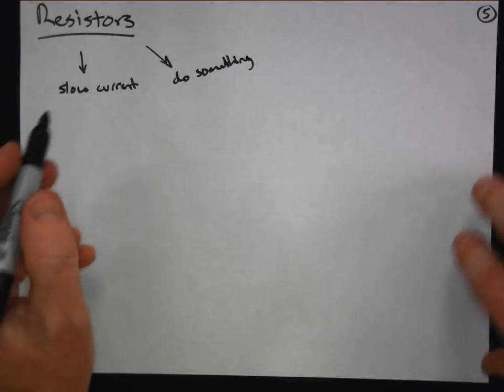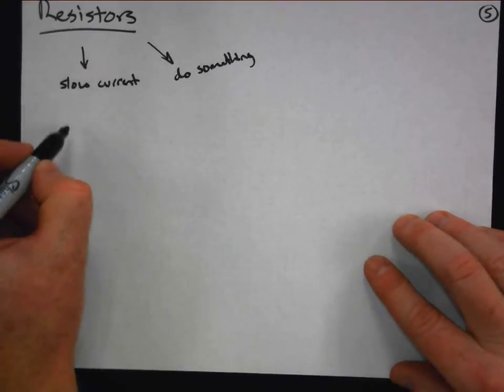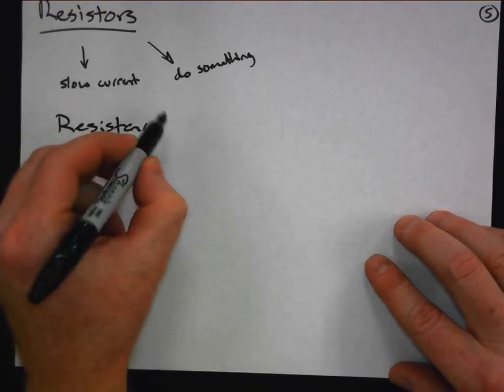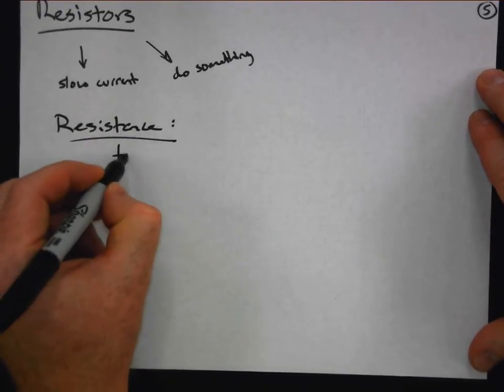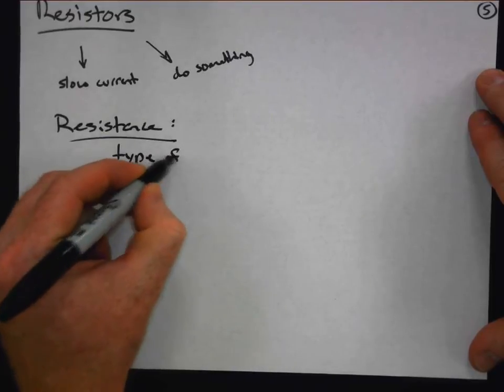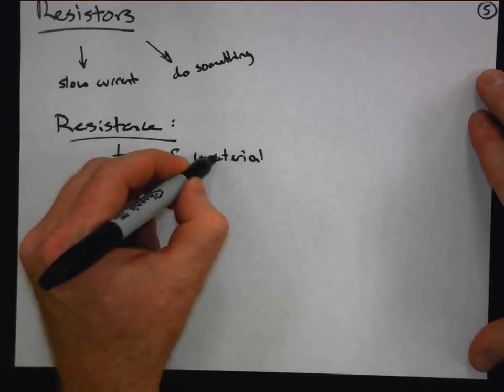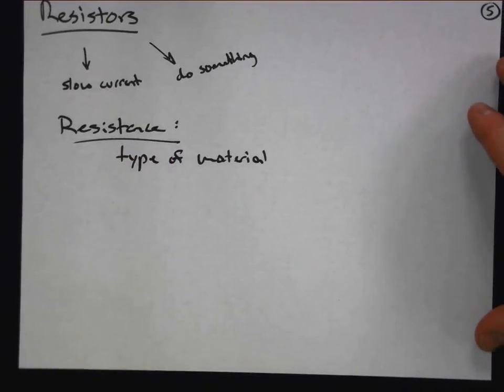Okay, now, what about resistance of a part of a circuit? Well, it kind of depends on several things. Number one, it depends on what it's made of, the type of material. Some materials are much better conductors and they will have a low resistance.